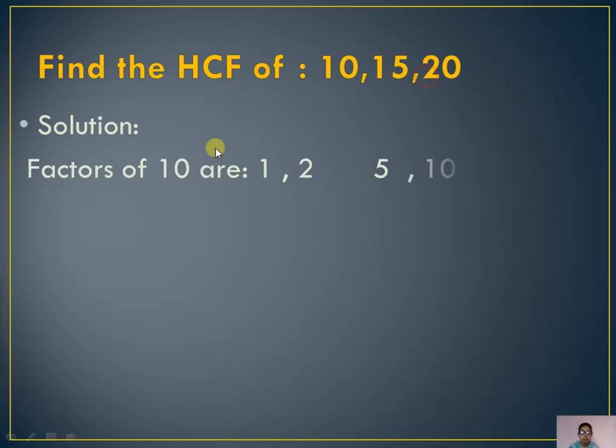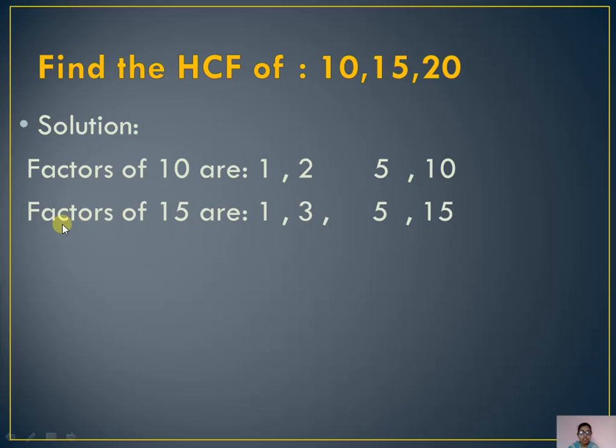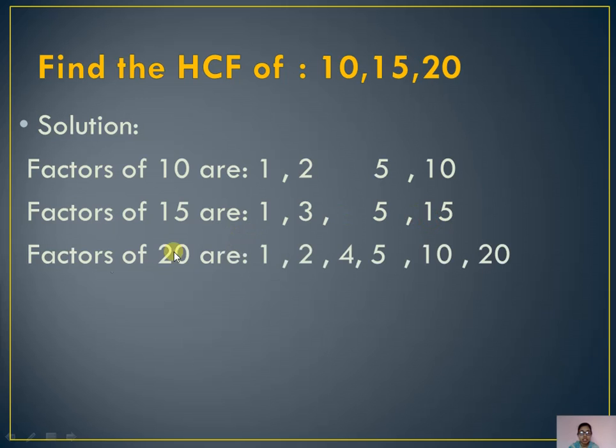So, the factors of 10 are 1, 2, 5 and 10. Factors of 15 are 1, 3, 5 and 15. And the factors of 20 are 1, 2, 4, 5, 10 and 20.